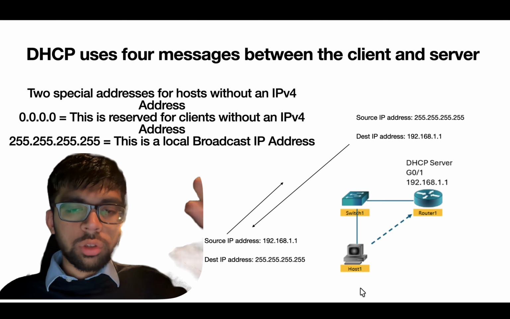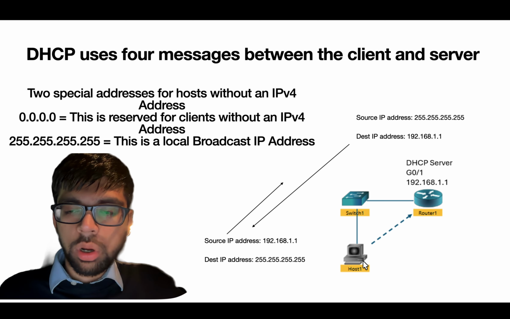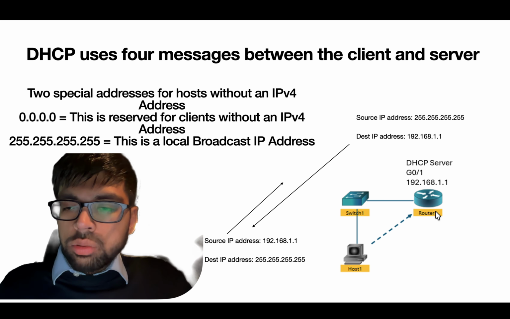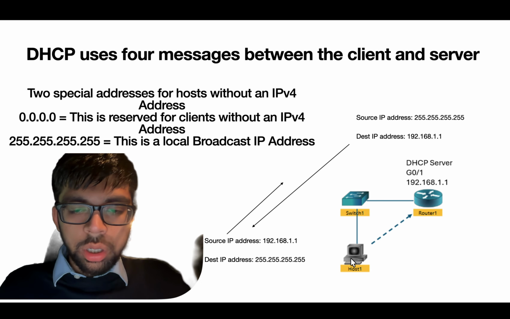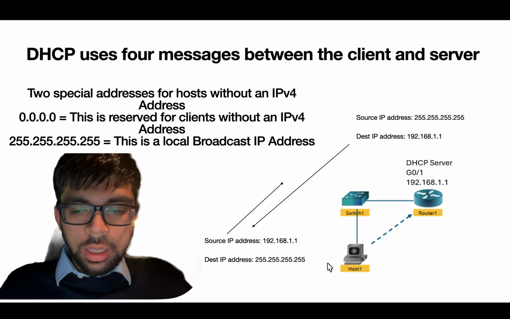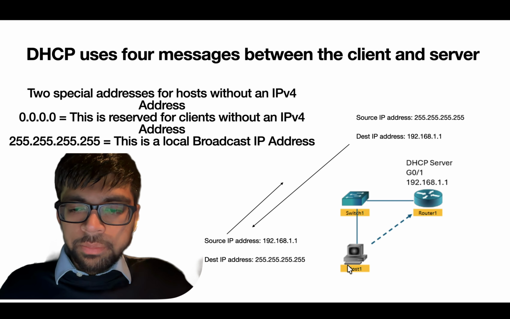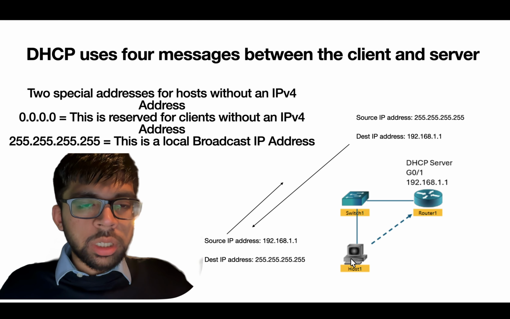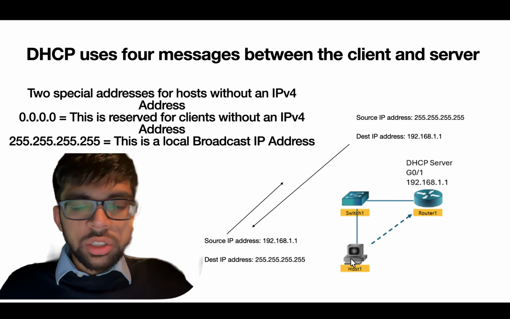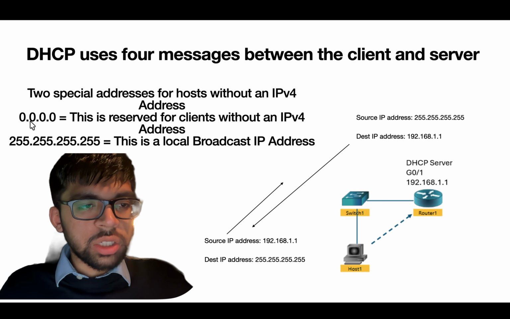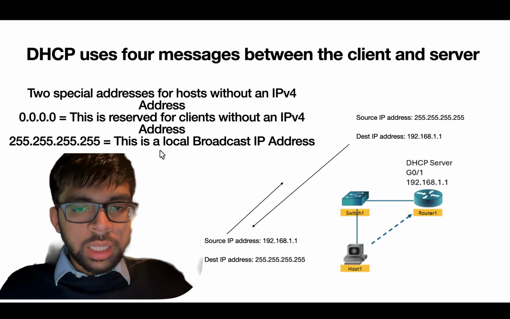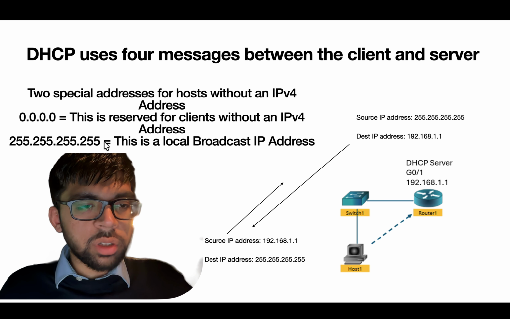So let's have a look at this example here. You've got host 1 connected to switch 1 connected to router 1. If host 1 was trying to communicate, it's not going to have an IP address. So it's going to be using 0.0.0.0, and the local broadcast address 255.255.255.255.